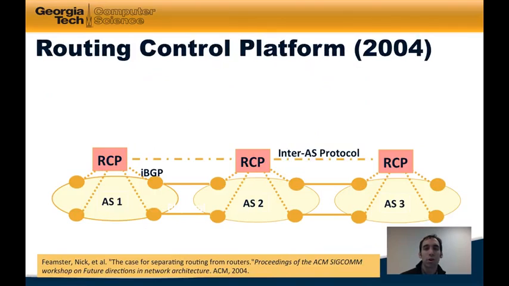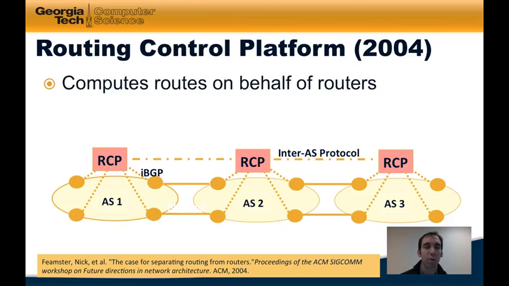Another approach was to essentially use existing protocols as control channels, essentially hijacking existing routing protocols to send control messages to the forwarding elements. This approach was taken by the routing control platform.